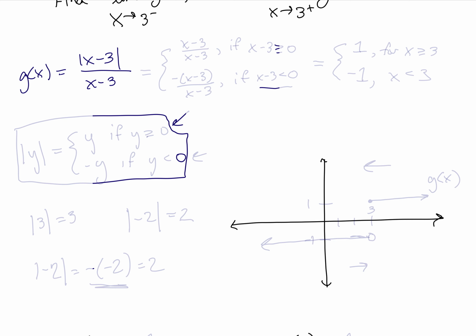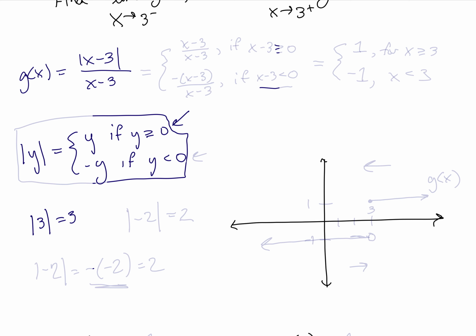We know that the absolute value of y is either equal to just regular y if y is greater than or equal to 0, and negative y if y is less than 0. Why is that true? If you think about the absolute value of 3, it's just 3, so we'd be in this situation.